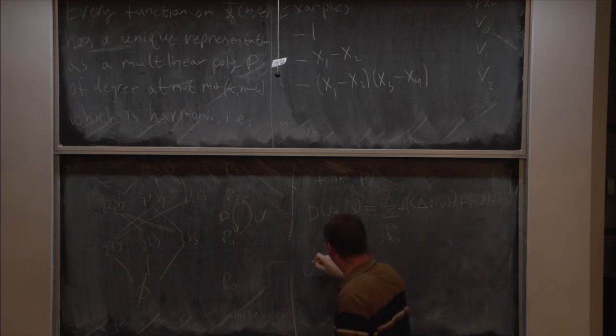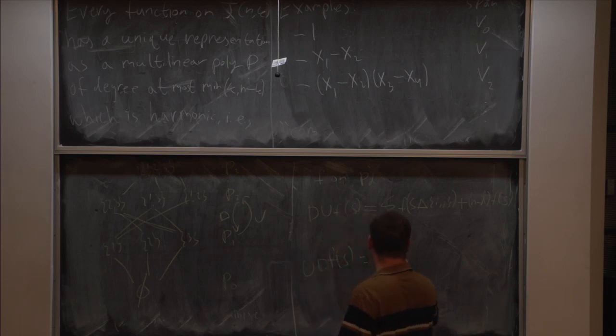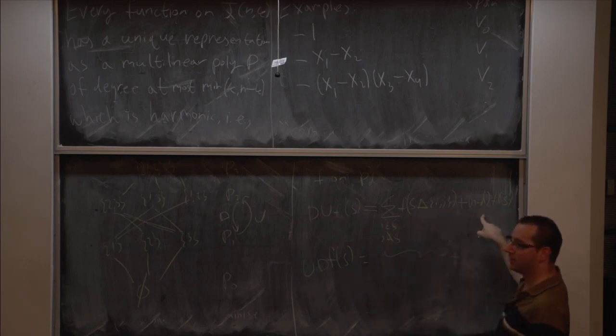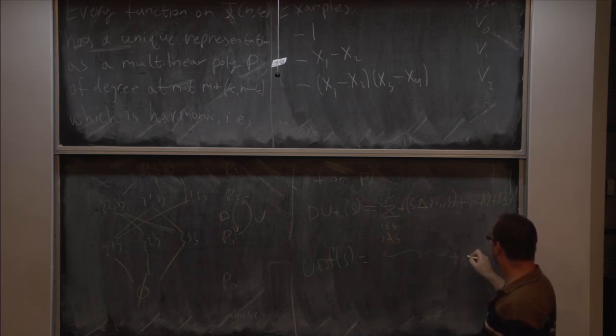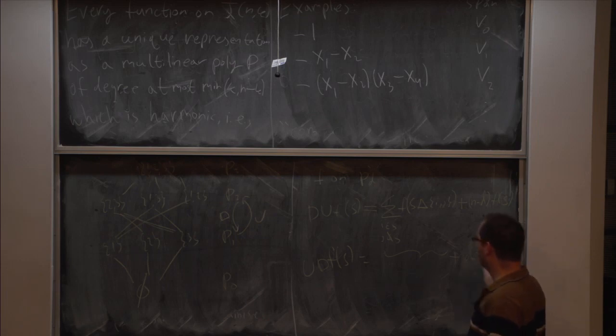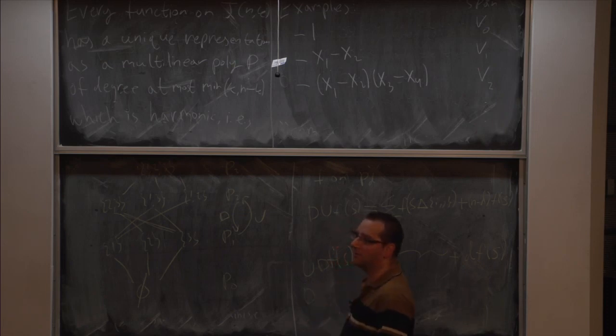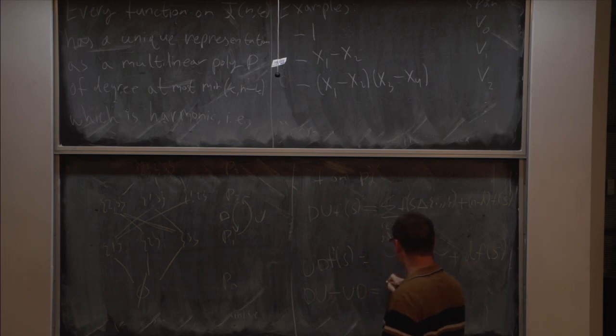Okay, and if you go up and down, then you get this term. It stays the same. But here, instead of n minus d, you get only d. So in conclusion, you get this identity.